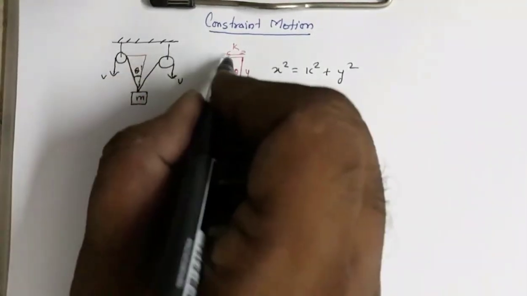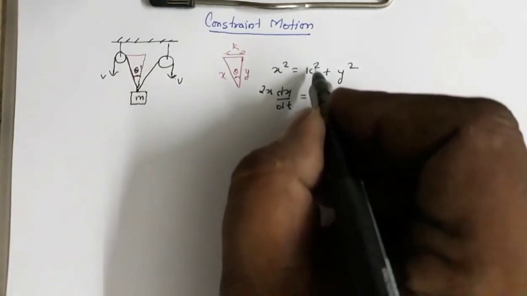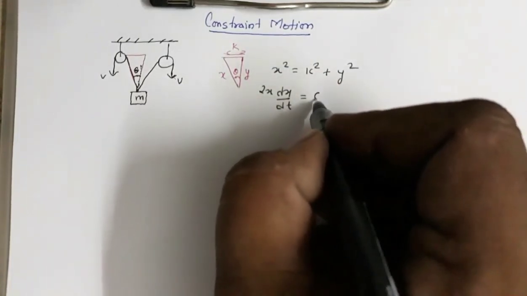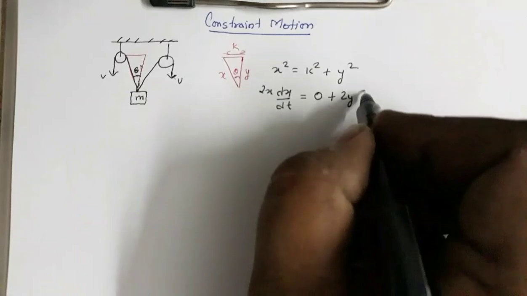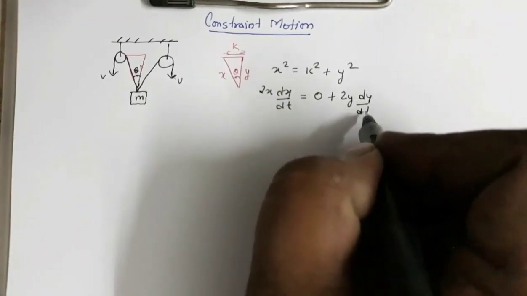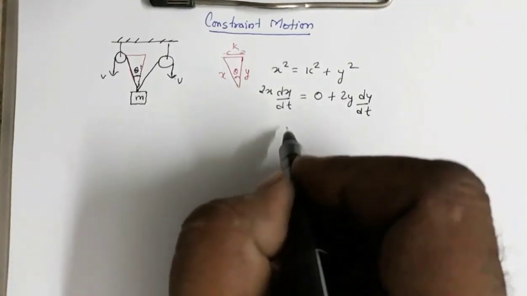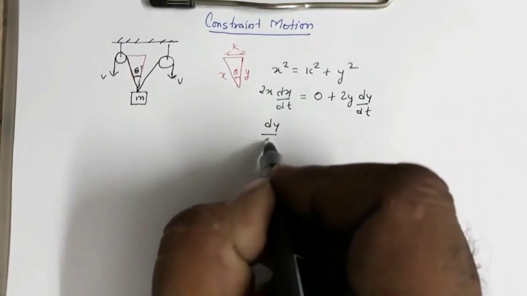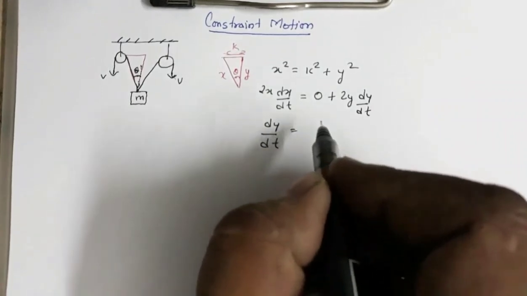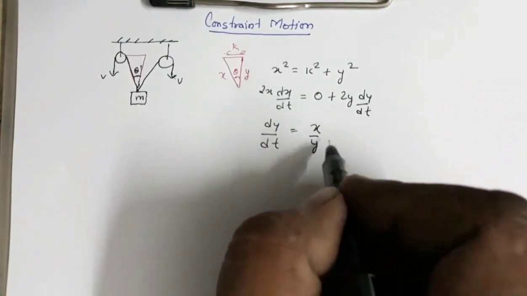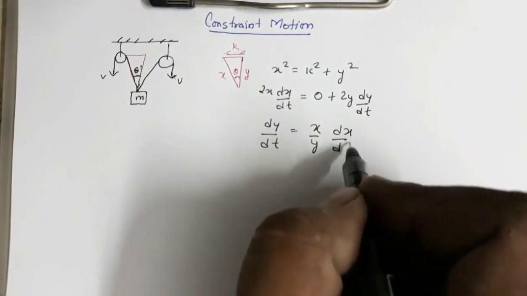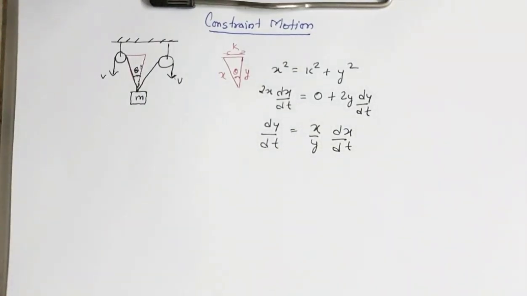Since k is constant, its differentiation is 0, plus twice y dy by dt. So that gives dy by dt is equal to x by y dx by dt.